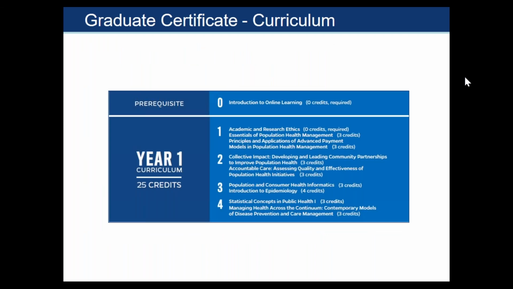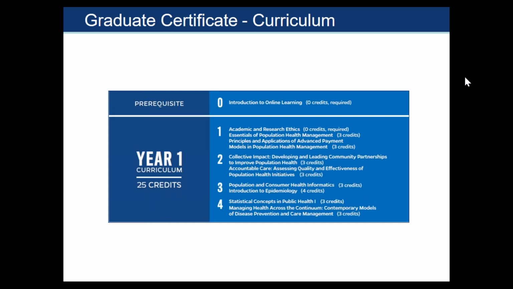So this is the first year curriculum. So if you were going to join for just the certificate, or if you were working on the master's degree, this is what you would take in the first year. And you can see the types of classes that are held. So obviously in term 1, there are some online requirements that you have to complete related to research ethics and online learning.